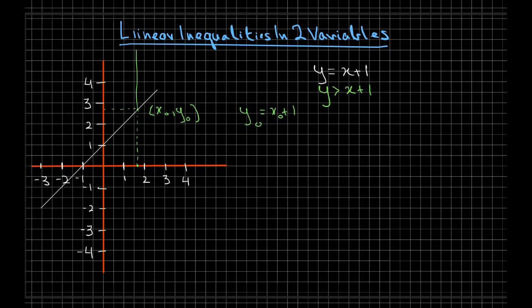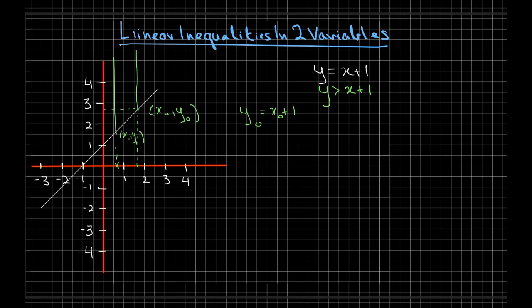And this applies to every point x naught. Pick any point. If I pick a different point, x1, this would be the point x1, y1 that lies on the line, and everywhere above it, the values of y that I've colored in green are bigger than y1.